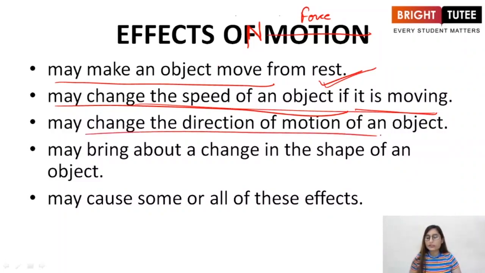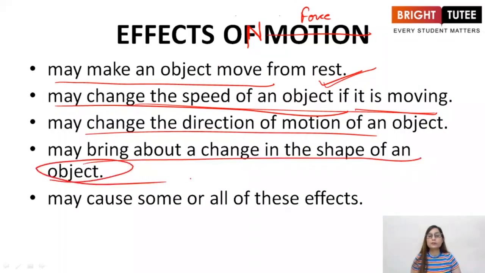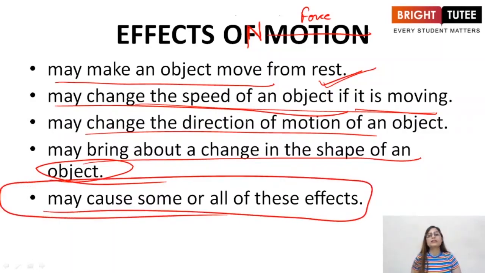It may change the direction of motion, right? And then it may bring a change in the shape of an object. As we just saw in the 4 examples, force can change the shape of an object as well, and may cause some or all of these effects. There may be the first 2 happening, the second 2 happening, or all of these happening. There are different cases where different kinds of effects are seen. So these are the effects of force on any object, right?